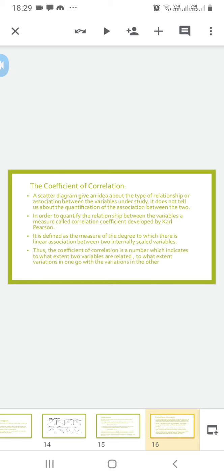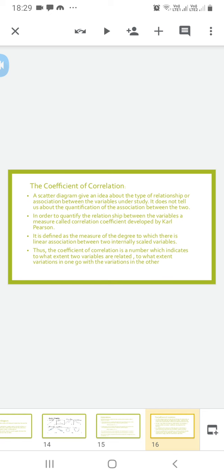Karl Pearson's coefficient of correlation is calculated by applying the following formula. r is equal to sigma xy divided by n into sigma x sigma y.